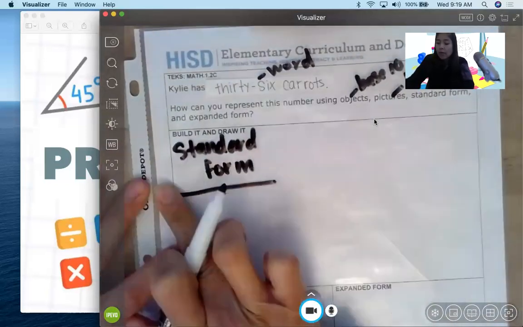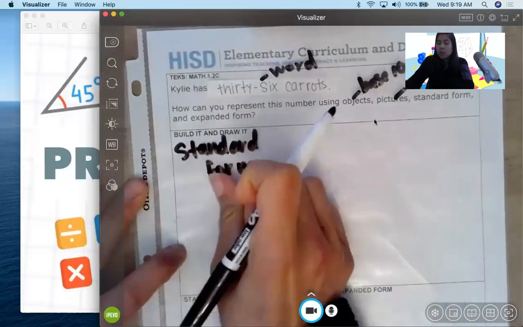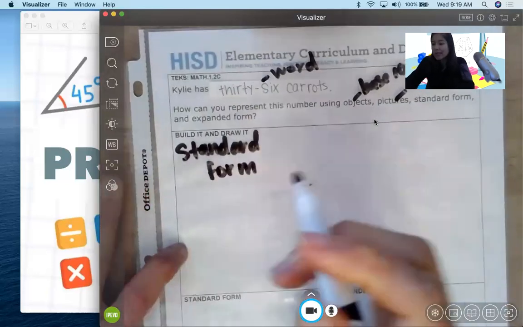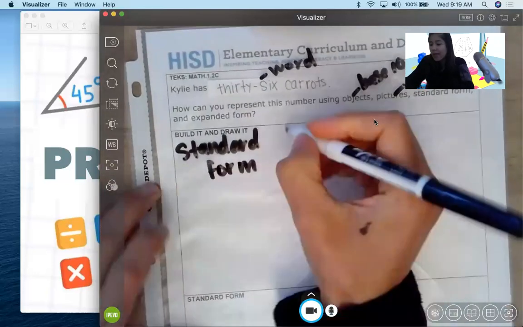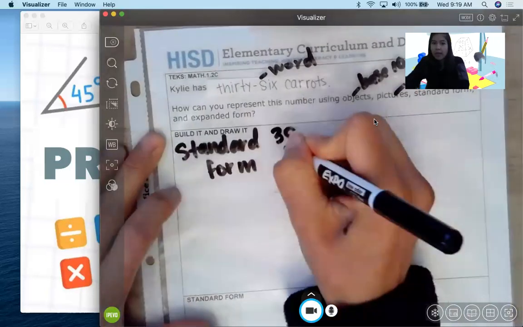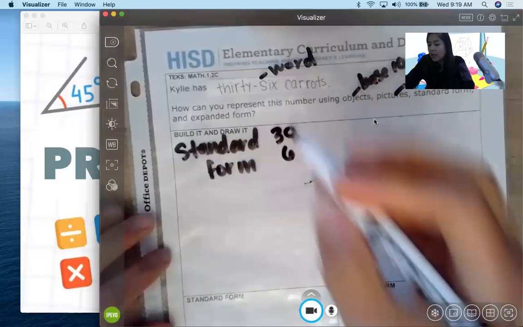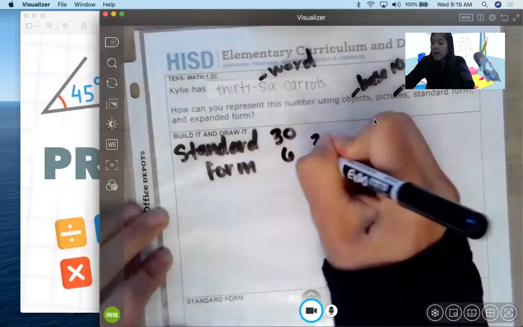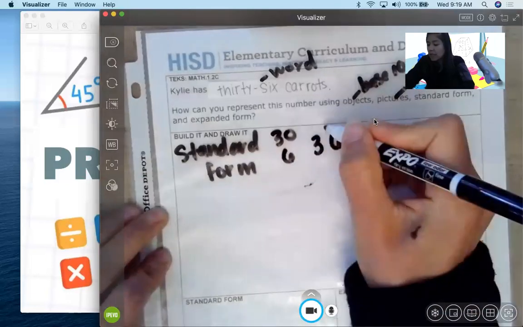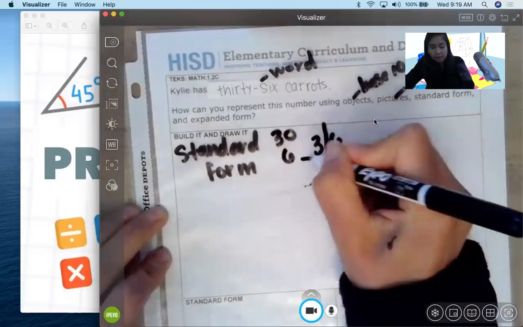36. Well, when I read 36, I see 30 and then I see 6. Okay, so if I have 30 plus 6, my number is 36. Now, if you remember, every digit represents a place value.